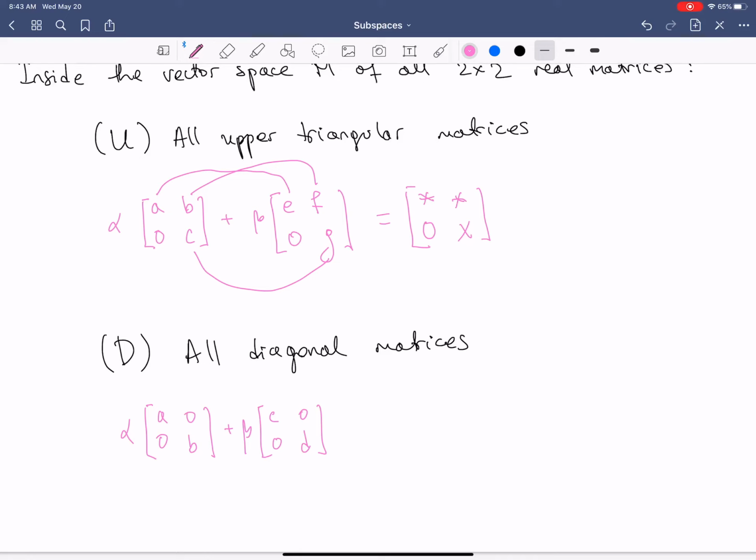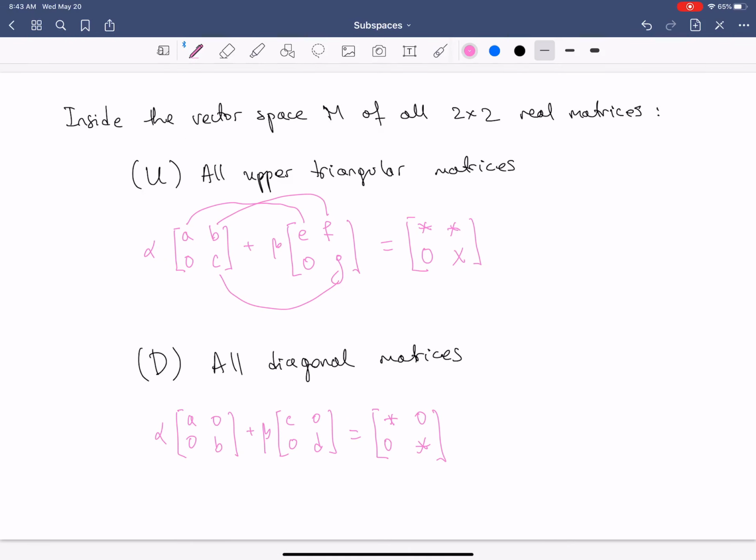And no matter the addition, we know we're going to have two zeros here and something along the diagonal. So when you take two diagonal matrices, whatever linear combination you take of those two matrices will again be a diagonal matrix. So the set of all diagonal matrices is indeed a subspace of M. You will see more examples in the suggested problems.